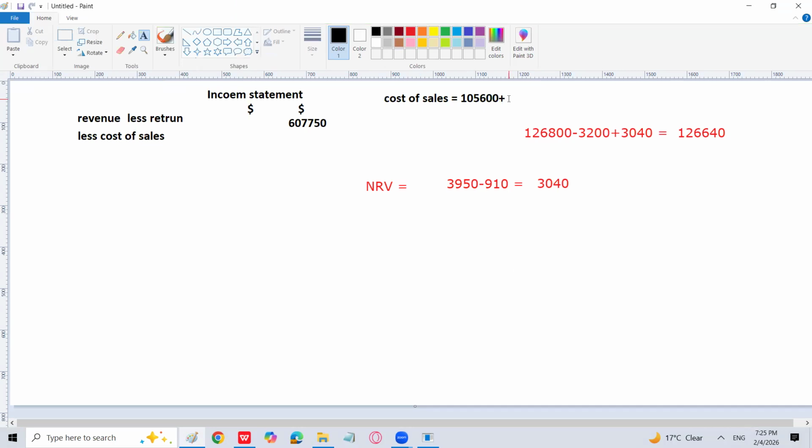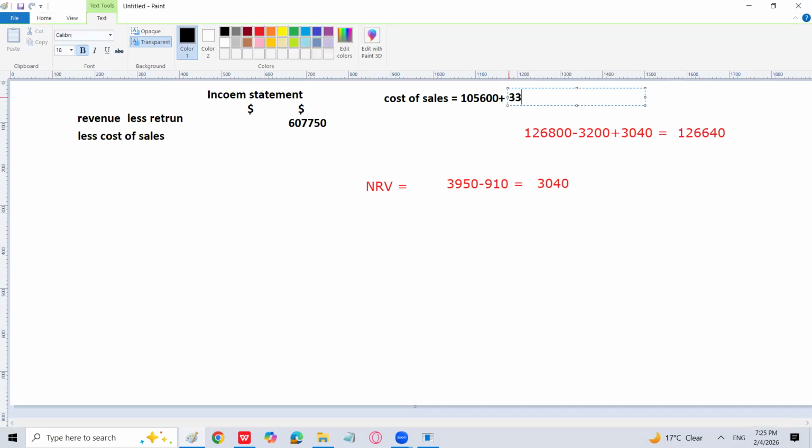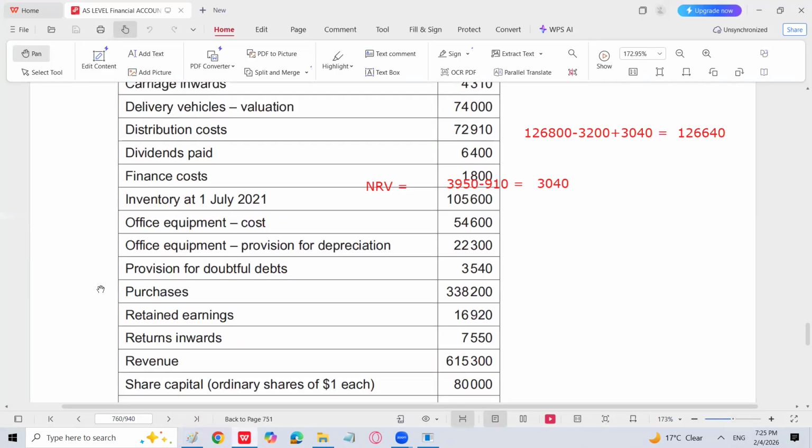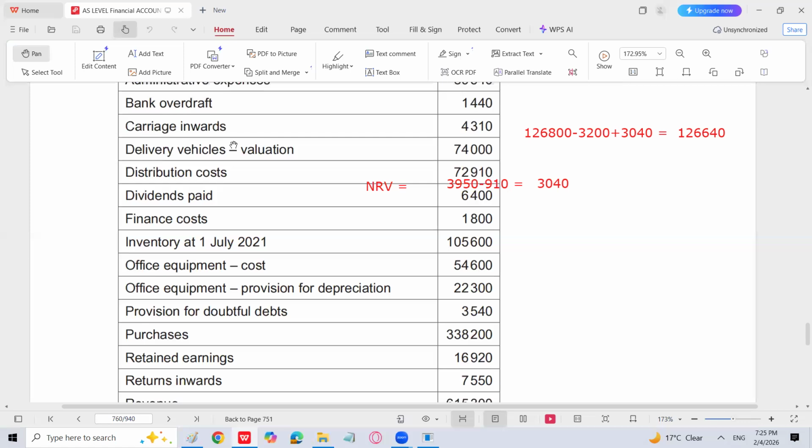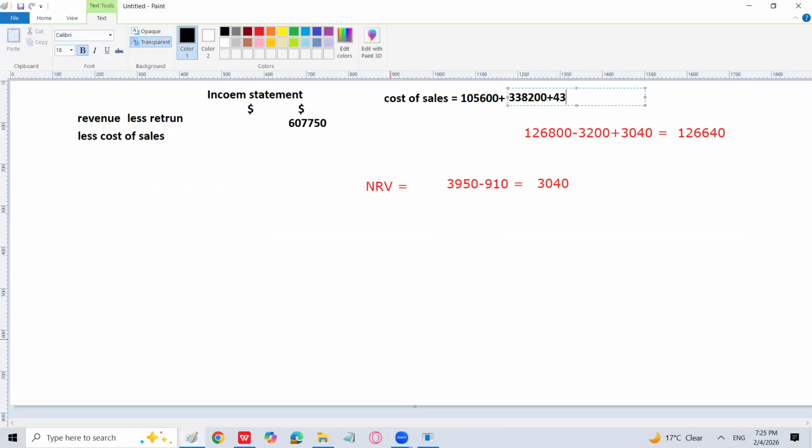Then plus carriage inward. It is given in the question, so I will add carriage inward also. Let me see, where is the carriage inward? Here it is, carriage inwards 4,310. So I will add carriage inward in this. Then I will subtract closing inventory to get the amount of cost of sales.